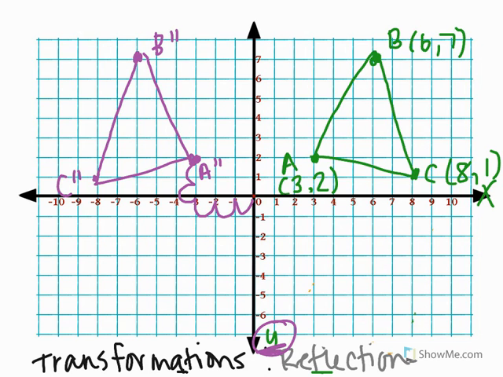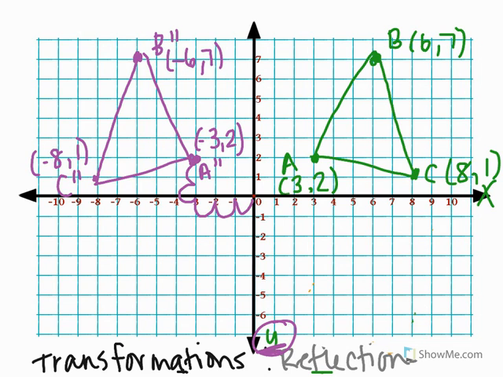So again, our shape has not changed size at all, but it looks like the mirror image. And let's go ahead and label these coordinates. A double prime is now -3, 2. B double prime is now -6, 7. And C double prime is now -8, 1. So a little bit different from when we flipped over the x-axis.